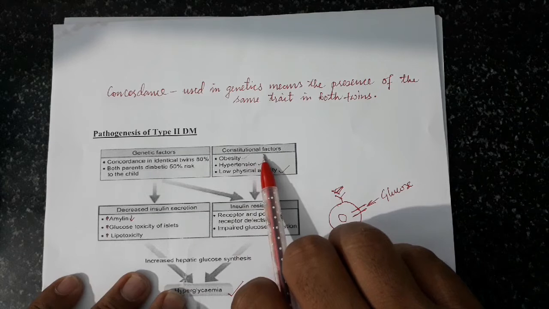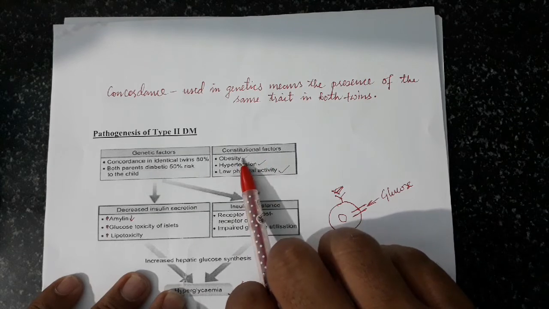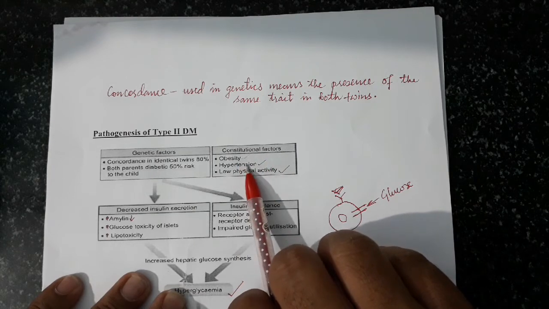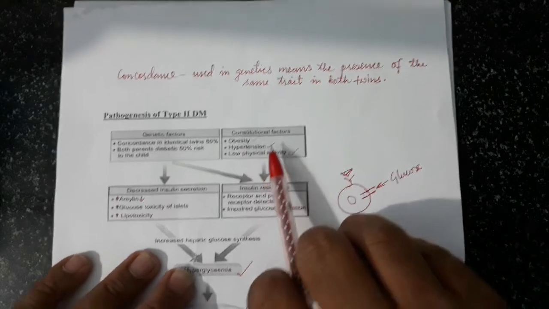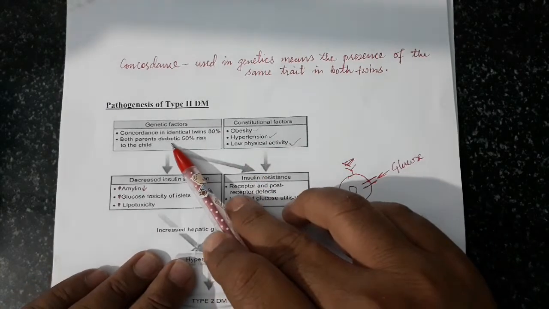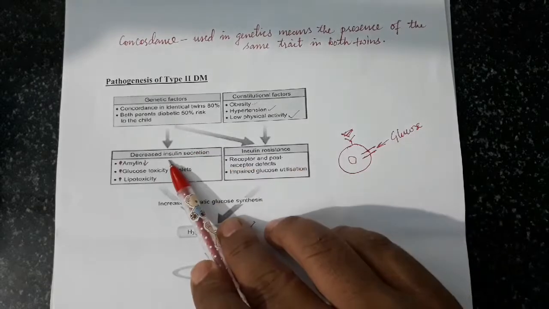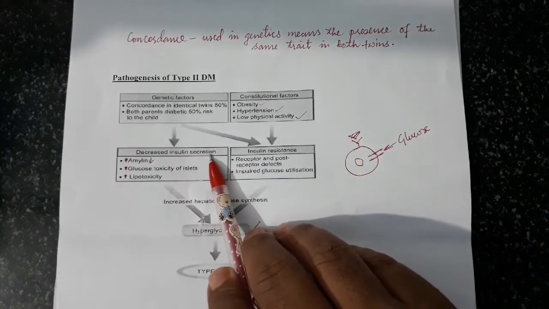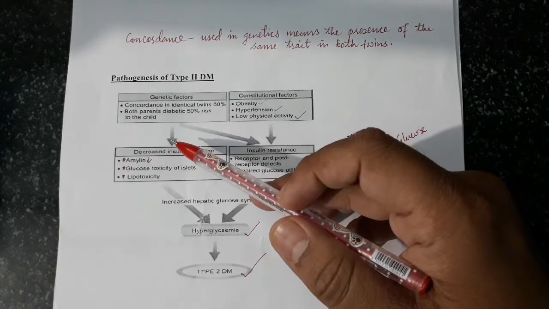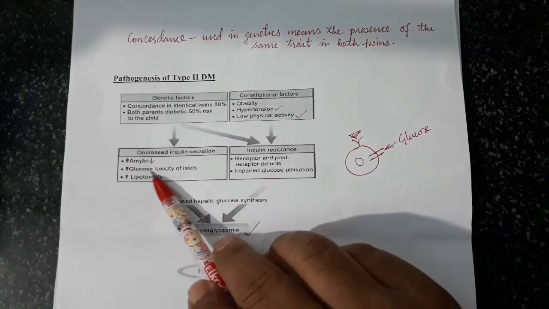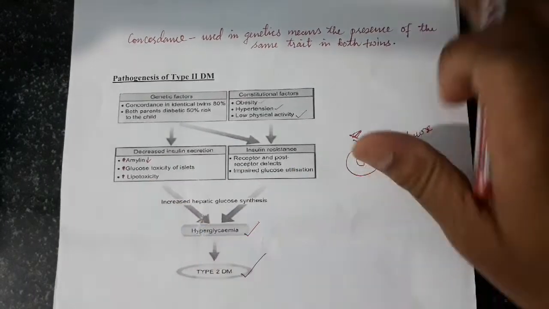Whereas for constitutional factors, if the person is obese, having hypertension, and having low physical activity, then these factors are going to cause decreased insulin secretion and decreased amylin. Then it causes glucose toxicity of islets.